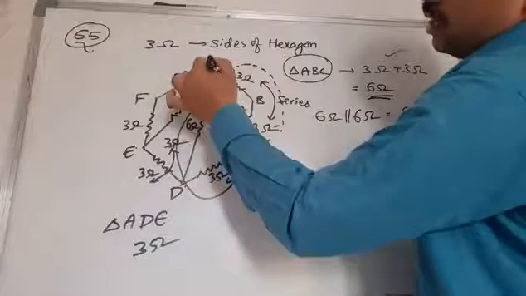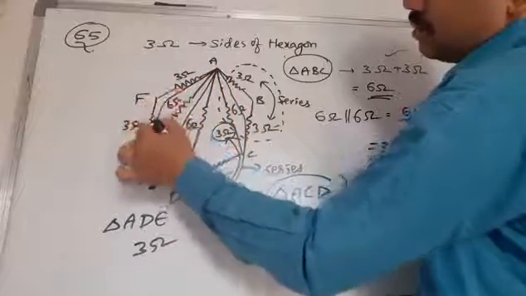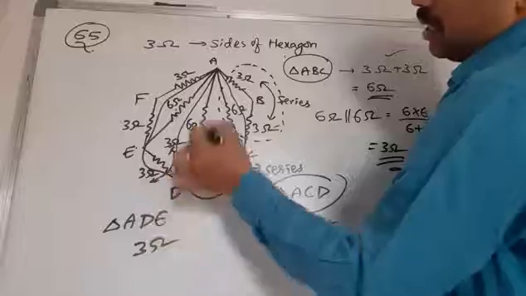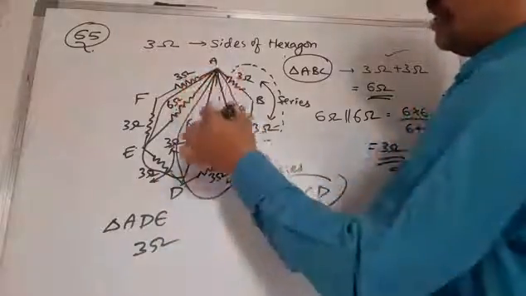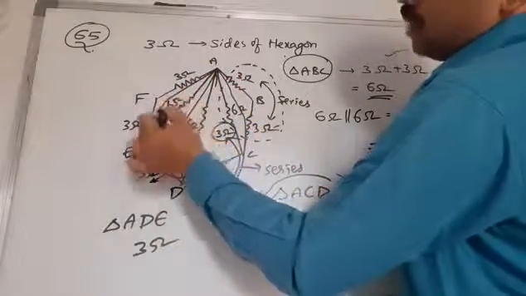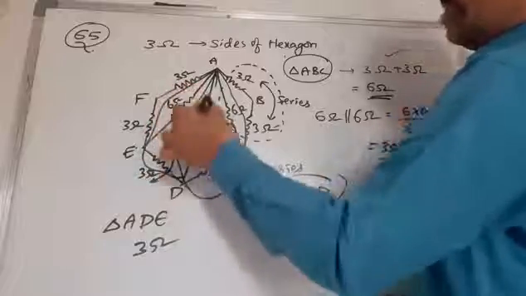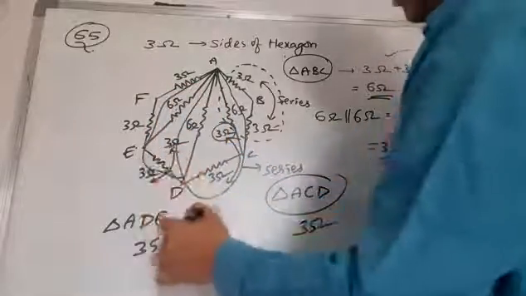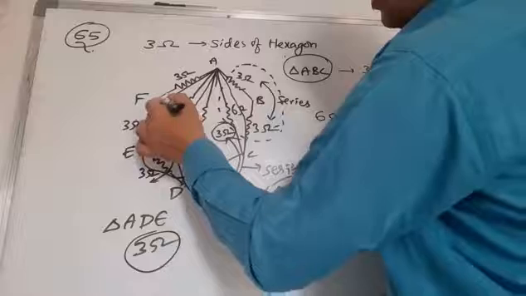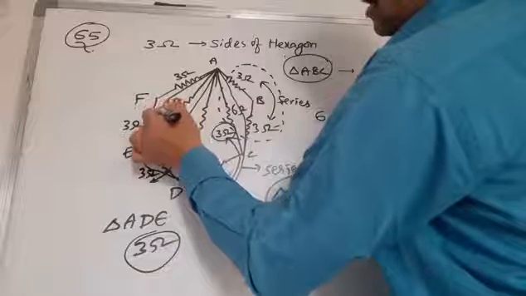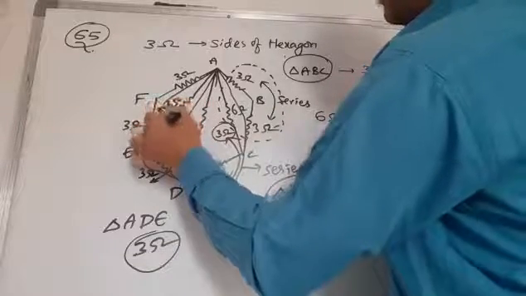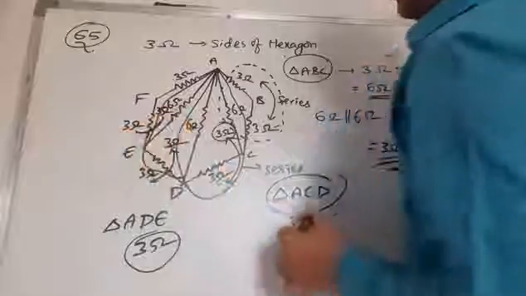So again you can remove this triangle. In the place of this triangle ADE, you can place 3 ohms. So you can again replace it with 3 ohms here.